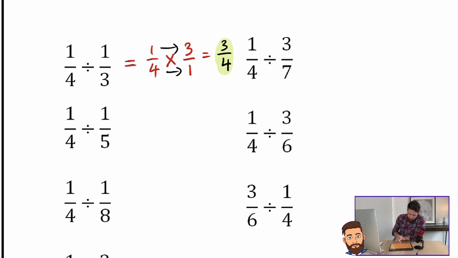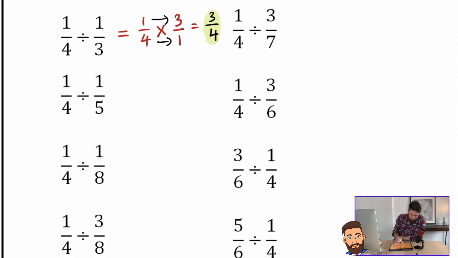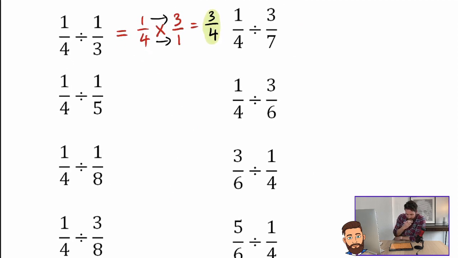So I will just go through these without talking so you can practice along. And if you're unsure, you can look up and see what I did. But I'm just going to fill these in now, and then we'll move on to the harder mixed number division.